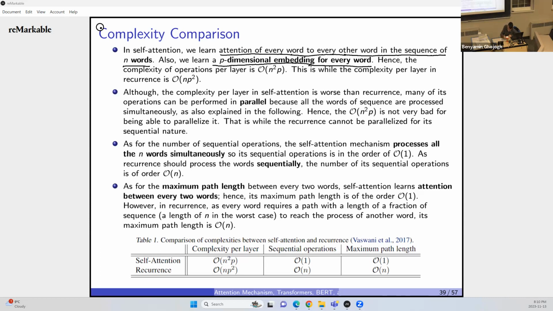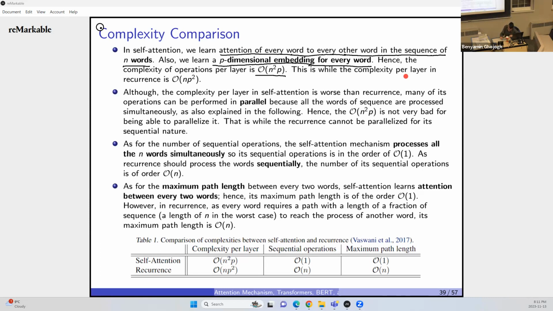As a result, the complexity of operations per layer is O(n squared p). O is the big O notation in complexity. N squared because there are n words, and each word attends to every other word in the sequence. And p is because I have a p-dimensional embedding per word, right?